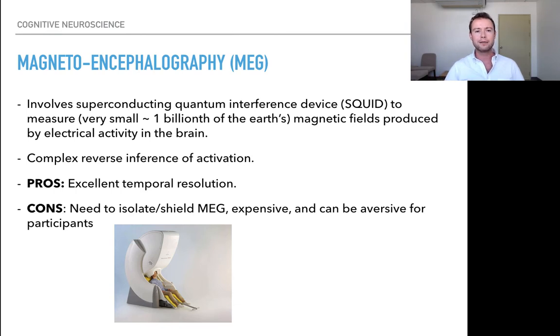And this is a technique that relies on the measurement of magnetic fields produced by electrical activity in the brain. So at the cellular level, looking at individual neurons, these have electrochemical properties that result in the flow of electrically charged ions through a cell.